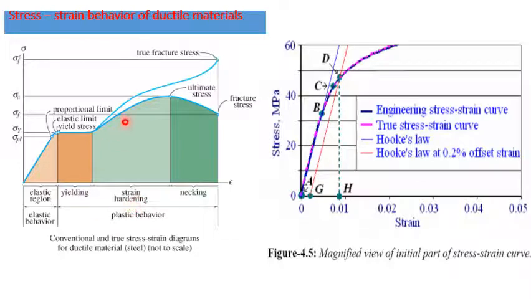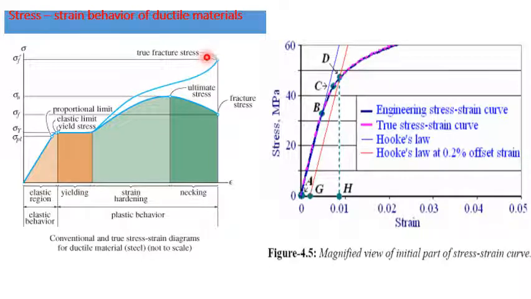Now once we cross this point, we differentiate true strain and engineering strain. As the load increases, the length increases but the diameter decreases. Here we take only the original area to calculate the stress, that is sigma equal to P by A naught.